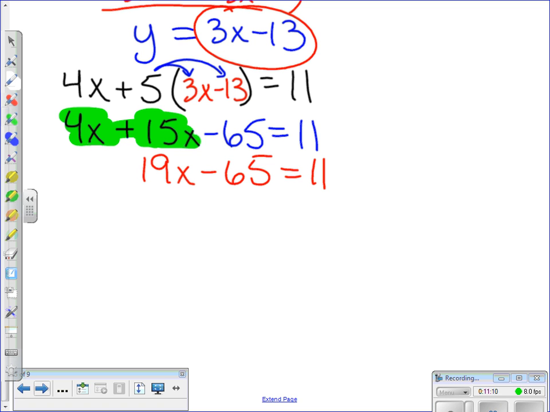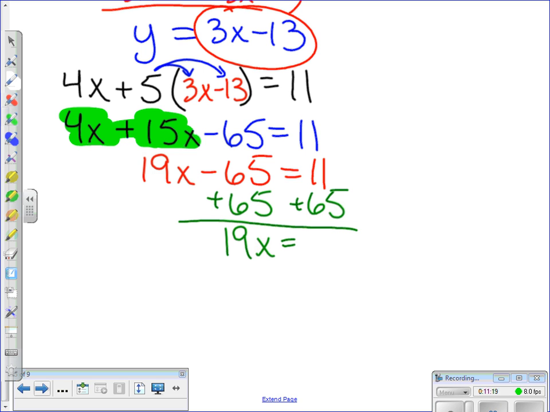Add 65 to both sides. 19x equals 76. Divide by 19. x equals 4.